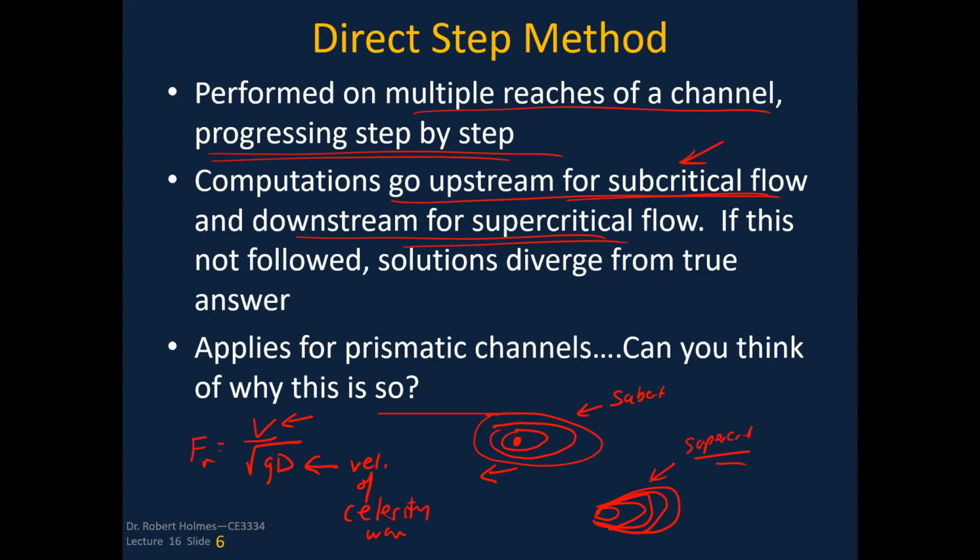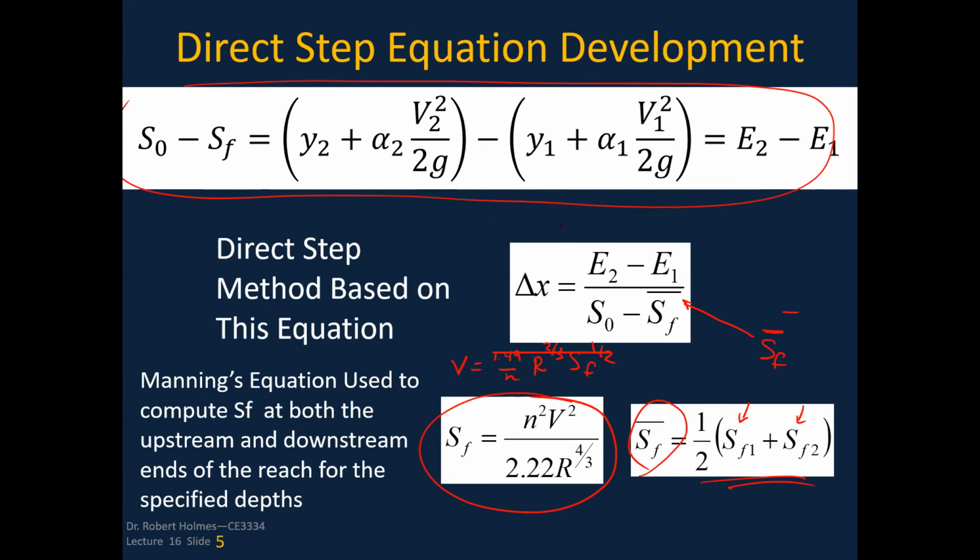So the other thing to mention here is that the direct step method only applies to prismatic channels. Remember, prismatic says that the cross-section shape does not change, and it doesn't change in roughness and those kinds of things. Can you think why this is so? If you look back at the direct step method, S sub F is the loss due to friction and friction only.